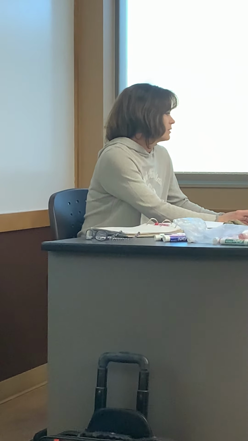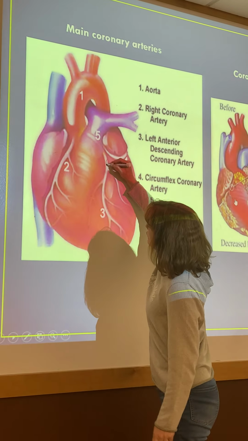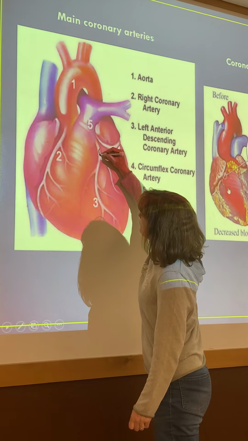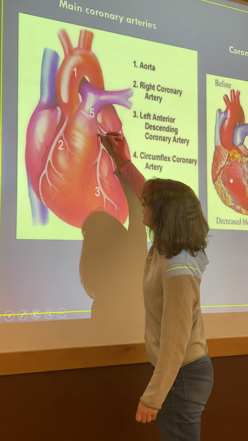We talked about, that was anatomy, that if you have a blockage in the heart, in the vessels here, and it's not a complete solid blockage, if it closes slowly, your heart can actually grow its own bypass.